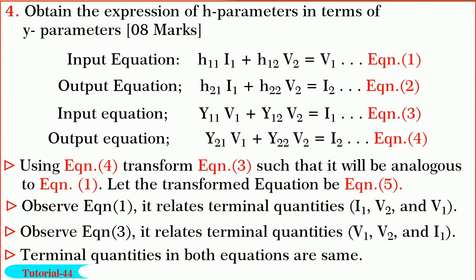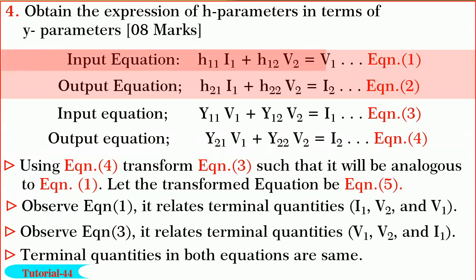Friends, finally, let us solve the question to derive the expressions for H parameters in terms of Y parameters. The question is straightforward. We know that the two equations that completely describe the behavior of a two-port network in terms of H parameters are H11I1 plus H12V2 is equal to V1, let it be equation 1, and H21I1 plus H22V2 is equal to I2, let it be equation 2.